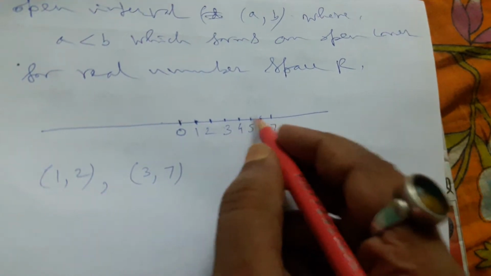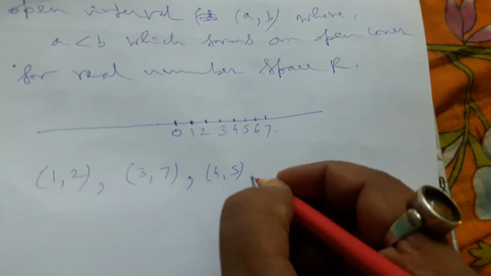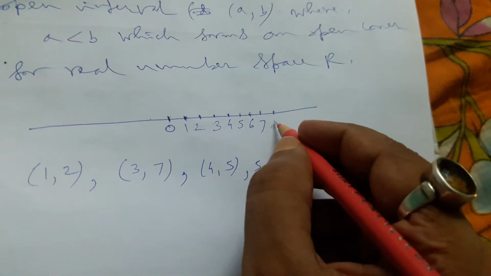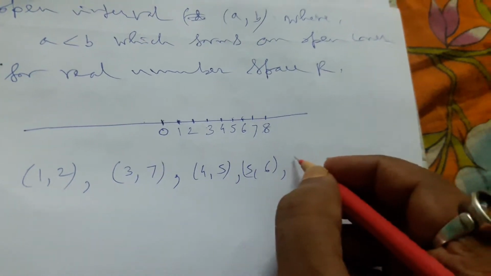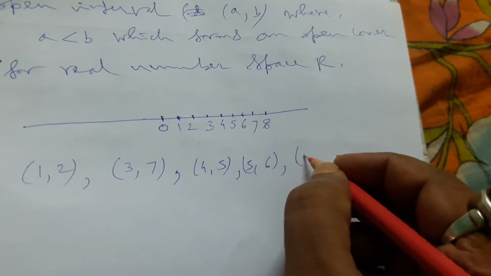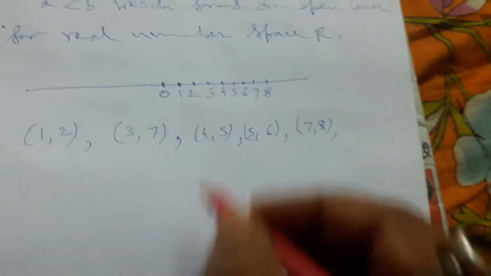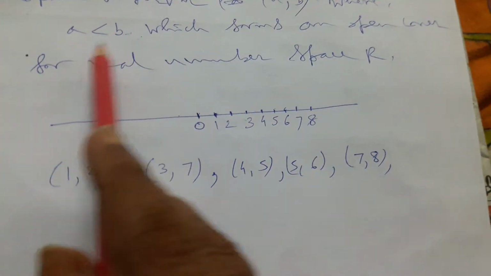And if we say another type of interval like (4, 5), (5, 6), and if we say it is 8, then another interval like (7, 8), whatever the number is, in the form of a less than b.